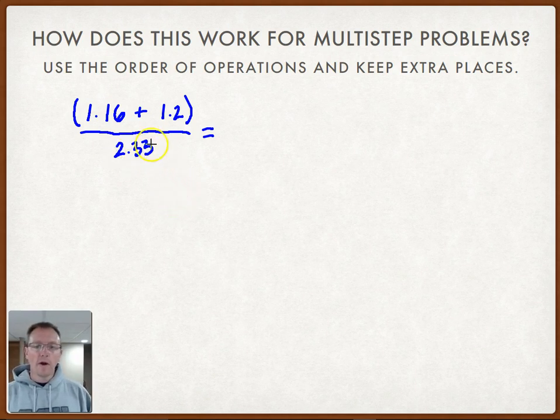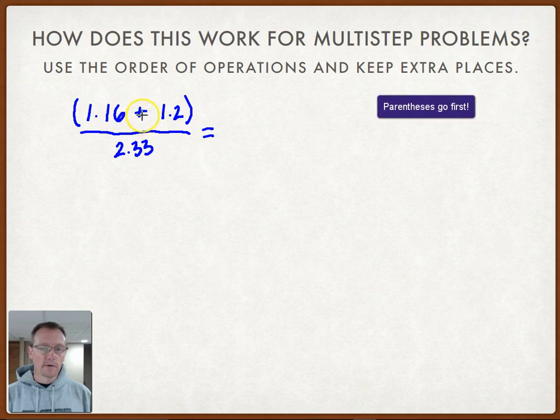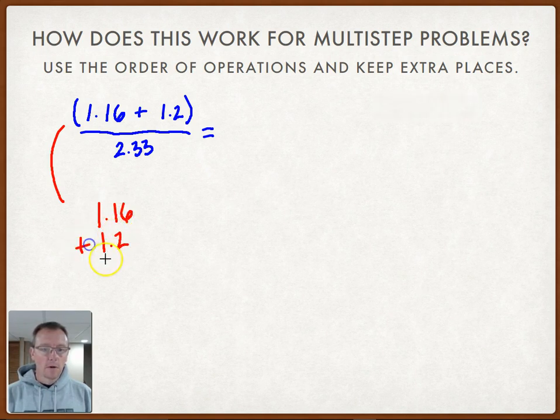So order of operations says I have to do what's in the parentheses first, right? PEMDAS, right? So the P is the parentheses. So I'm going to go ahead and add those two together. So I'll swap out my pen. I'm going to get this down here, and I'm going to add these two together like so.